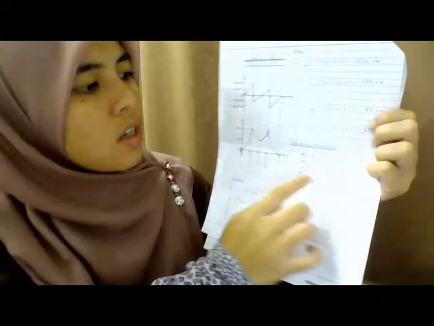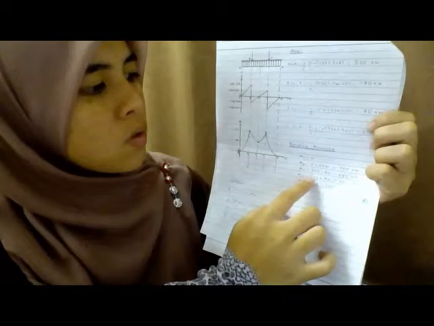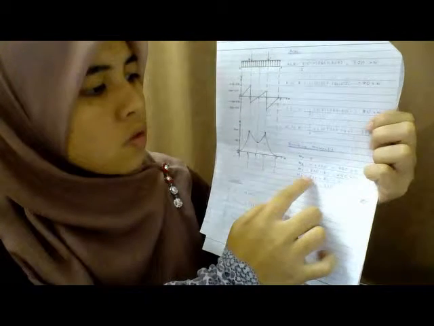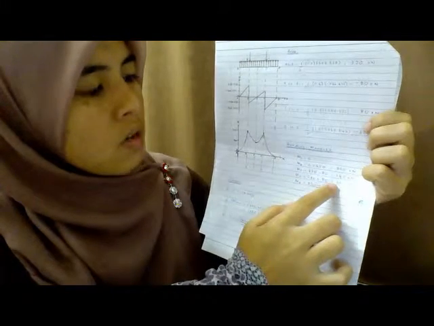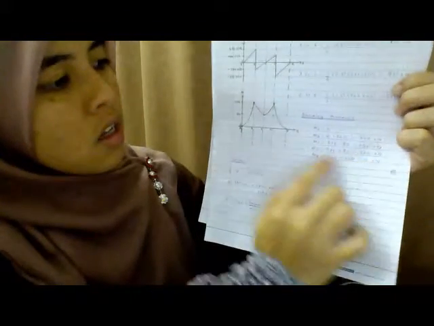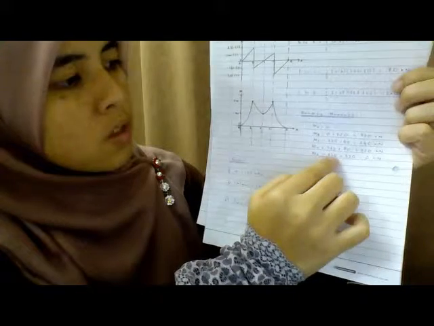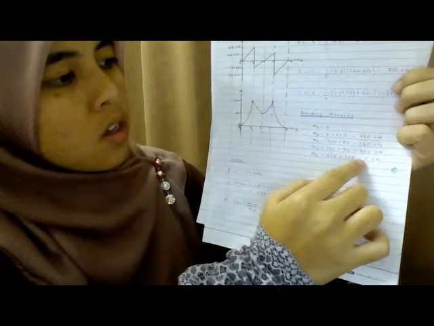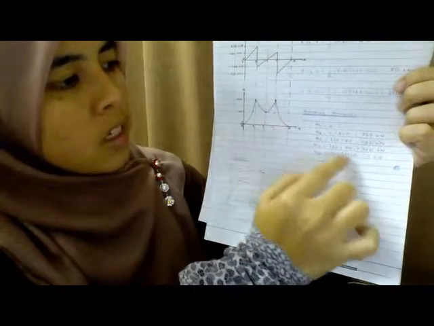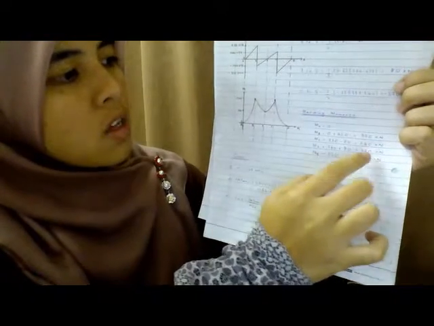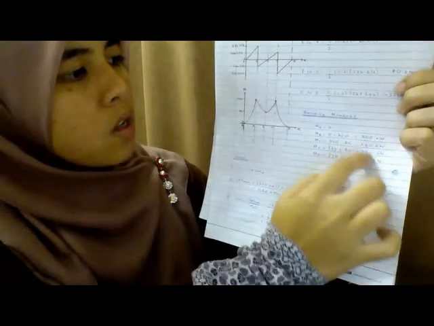And then C is also the same: the value of 240 plus 80, so we can get the value of 320 kilonewton. And then also the same, the bending moment at D is 320 minus 320, so the moment at D is 0 kilonewton. So we just plot all these values into the graph.